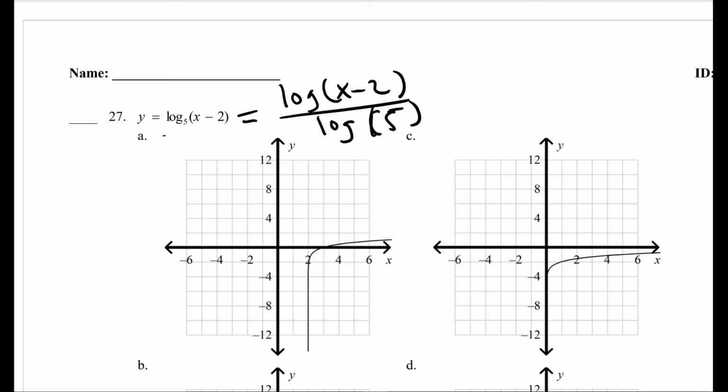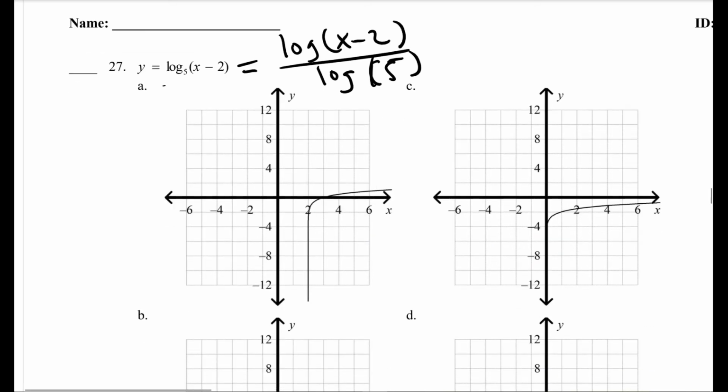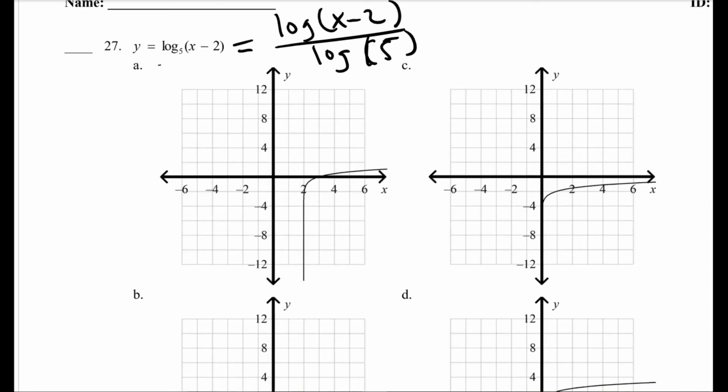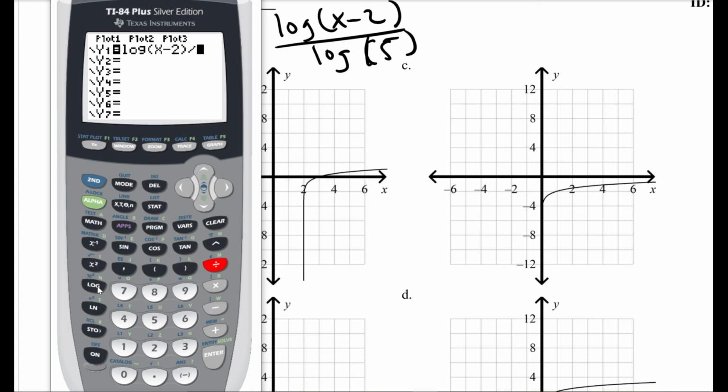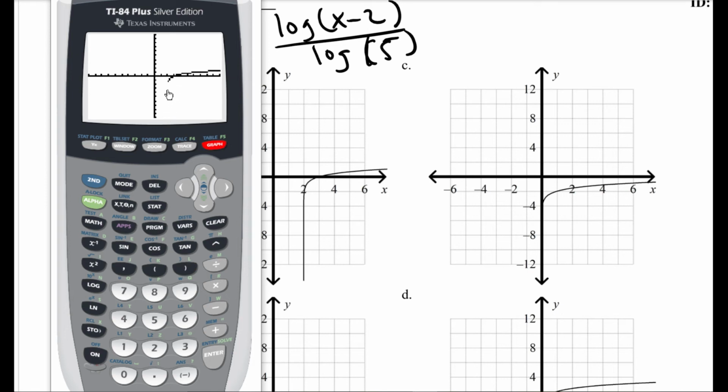All right, so now, in order to actually plug it in, remember you got to type in the y equals, and then of course we're going to clear this function out. Go ahead and type it in, log x minus 2 divided by log of 5. And even though it's not showing you that it's approaching something, it actually is, right?